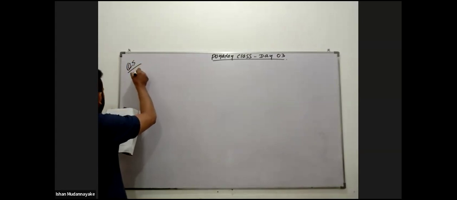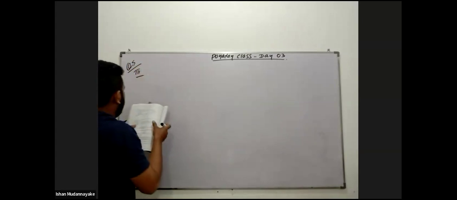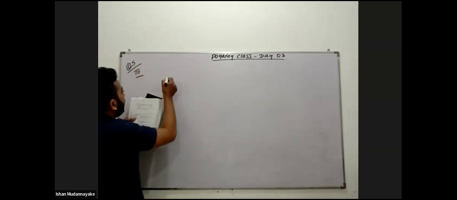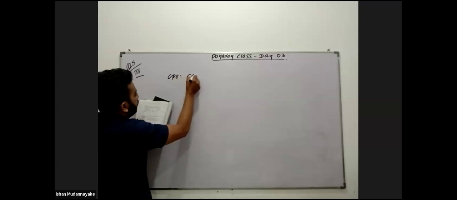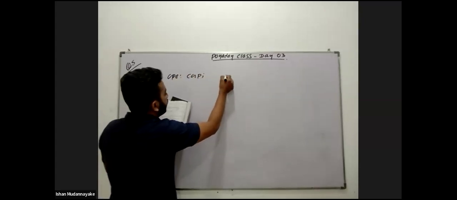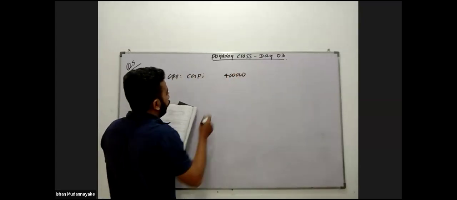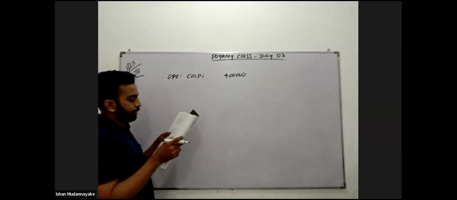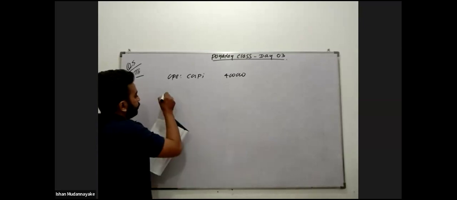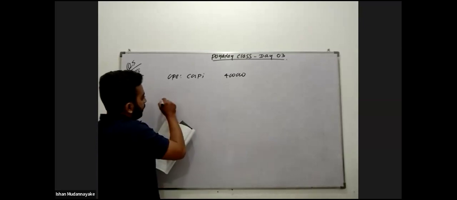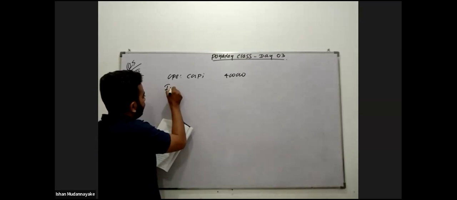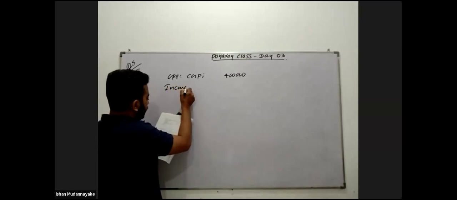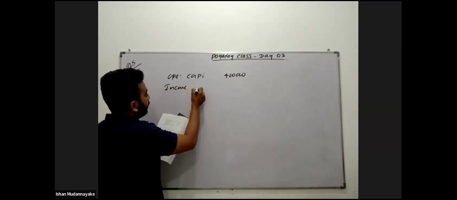Then students here, question number 5, Roman number 3. In this question, opening capital 400,000. Annual income 100,000.